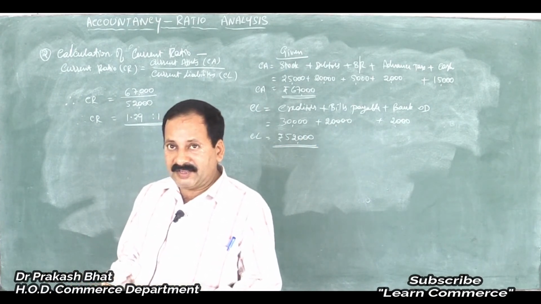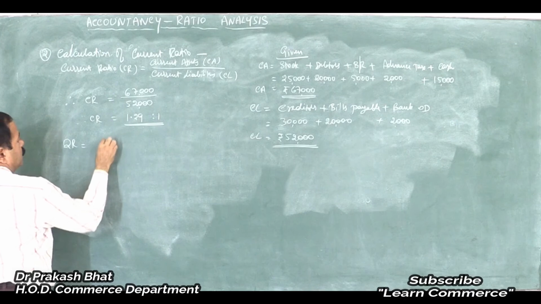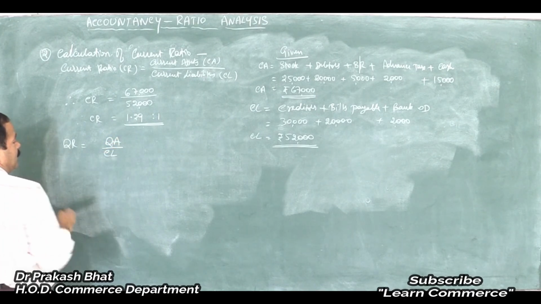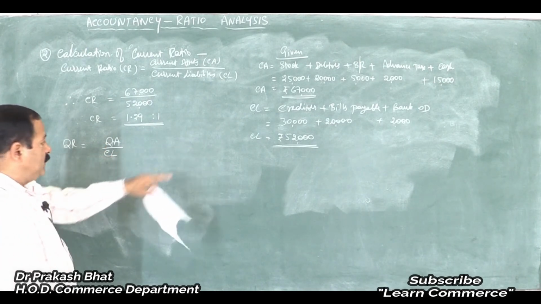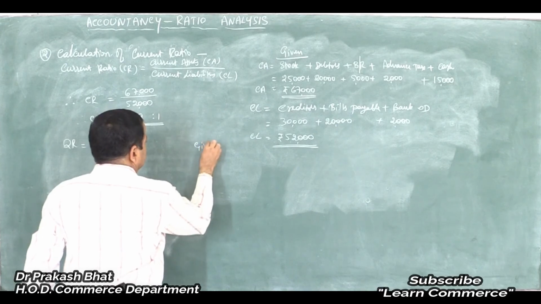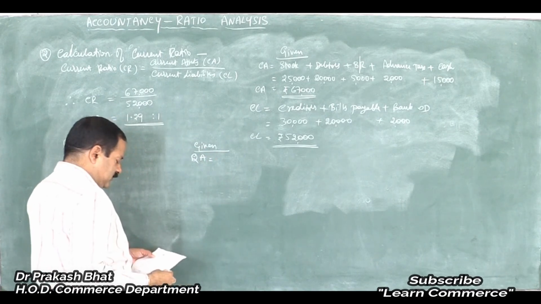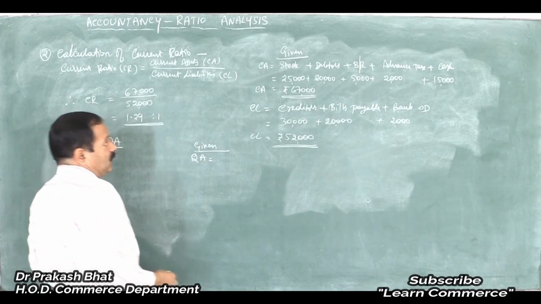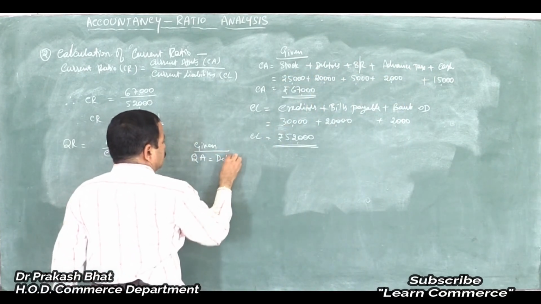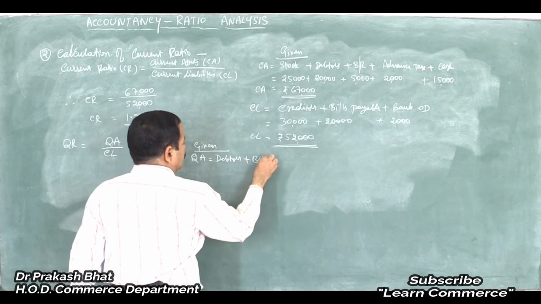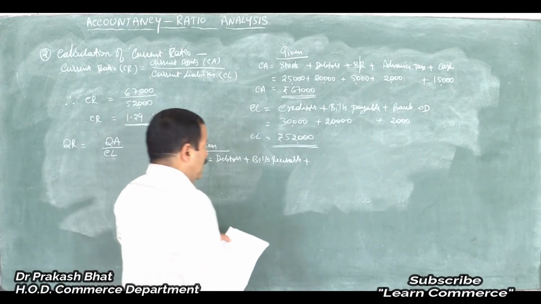So quick ratio is equal to quick assets divided by current liabilities. Quick assets you have to calculate. Current liabilities you already have, 52,000, right? So, quick assets are debtors, bills receivable and cash. That's all. Stock and advance tax will not come here. Just debtors, bills receivable and cash, right?